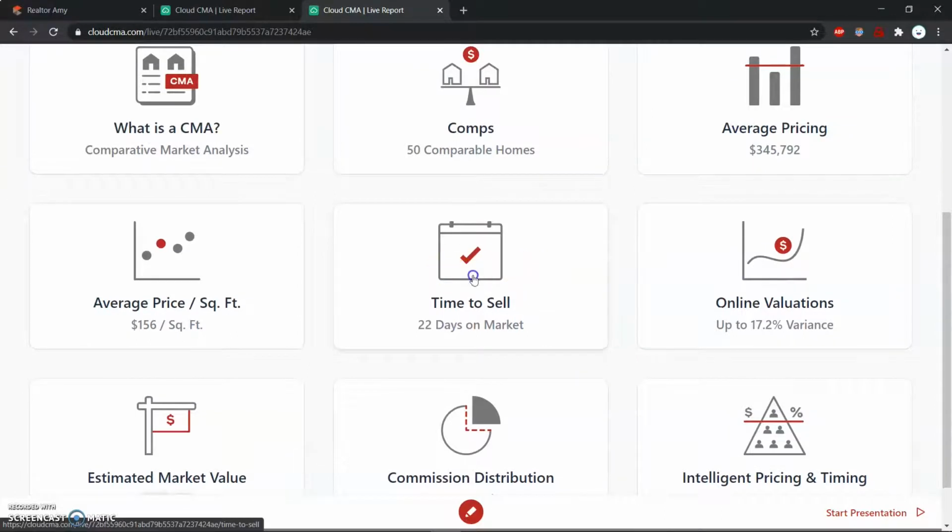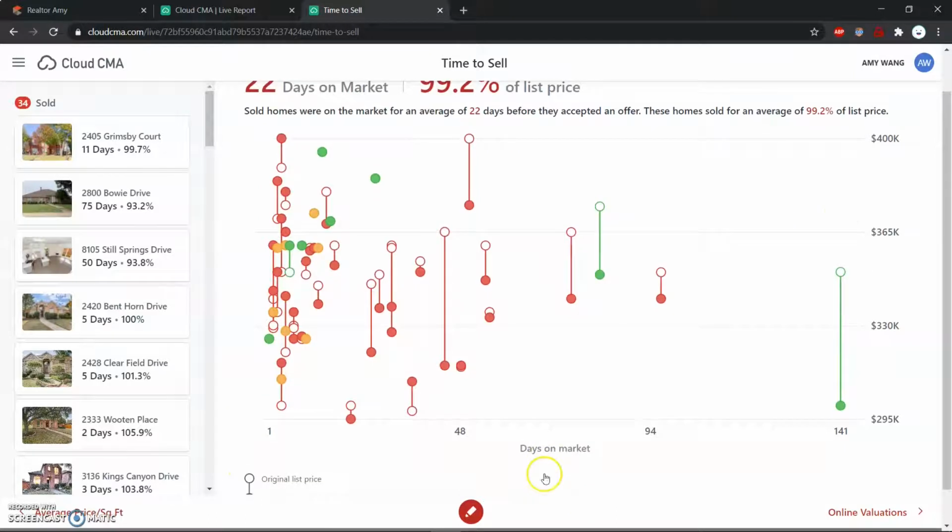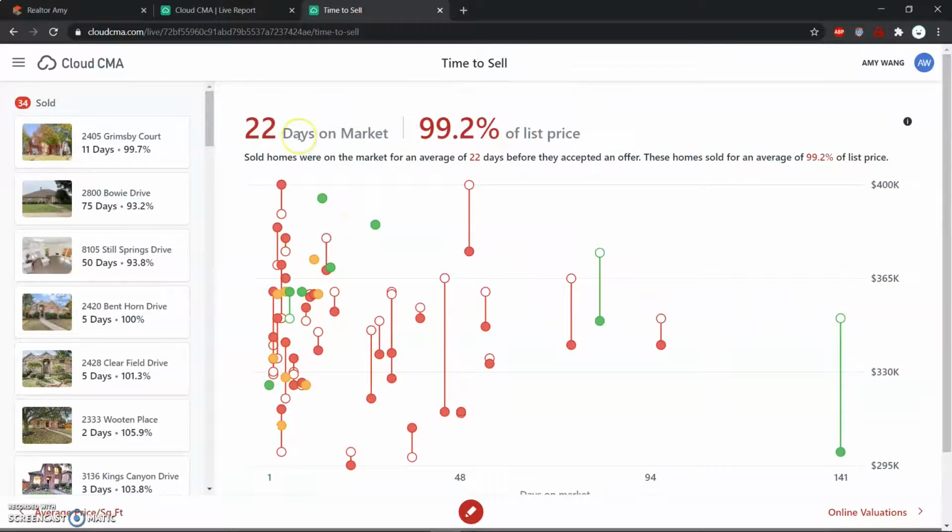And this is the time to sell. The x-axis is the days to sale, and this is the selling price. You can see the majority of the properties are sold within 30 days. The average days on market is 22.